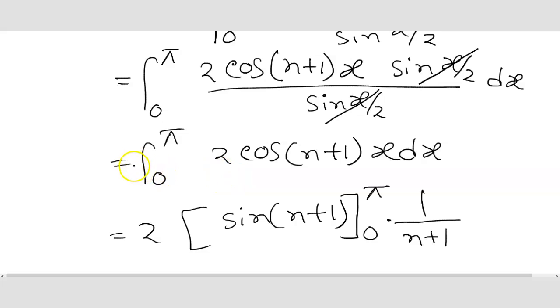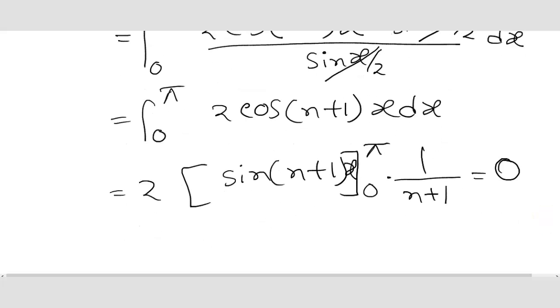And we have to put the limits, as it is a definite integration. So we are putting the limits pi and 0 as upper and lower limits. Sorry, there is an x missing. So sin((n + 1)pi) is 0 and sin 0 is also 0, so the result will always be 0.